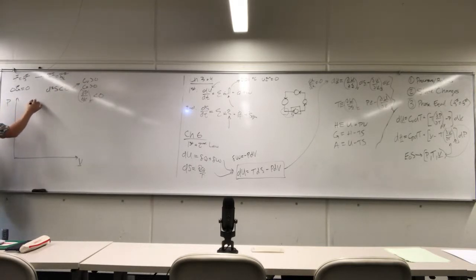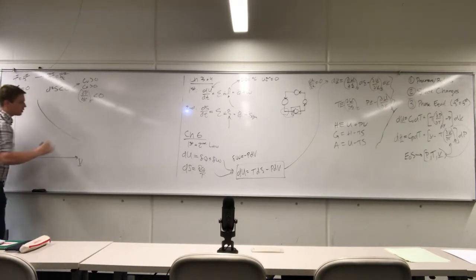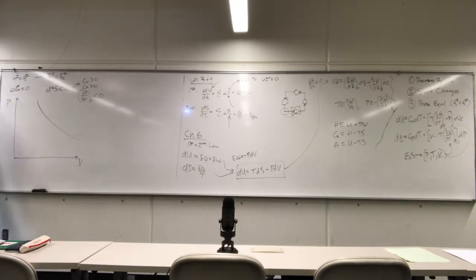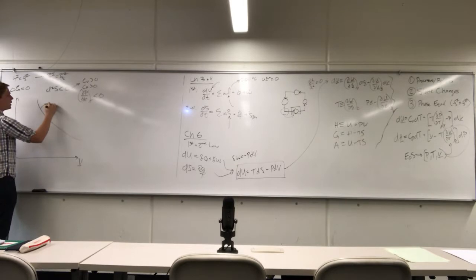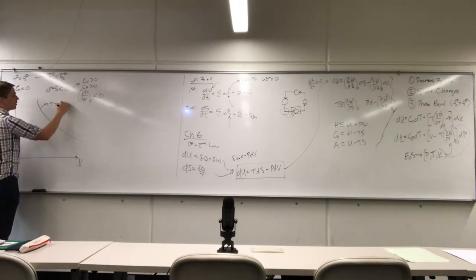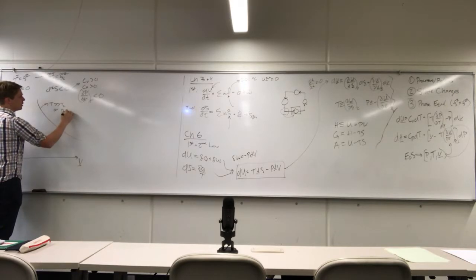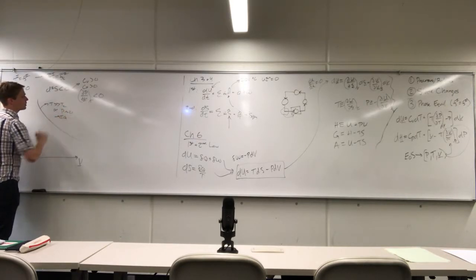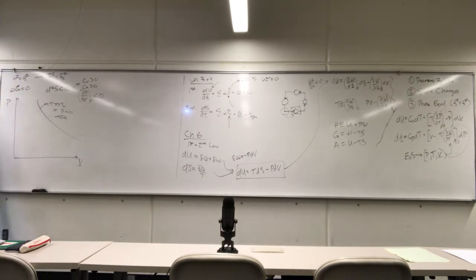So in the case of the ideal gas law, we get a hyperbola-shaped function. In this case right here, this would be temperature much, much greater than Tc, or pressure approximately 0. So this is ideal gas type territory. Supercritical fluid. The ideal gas law, perfect for that.